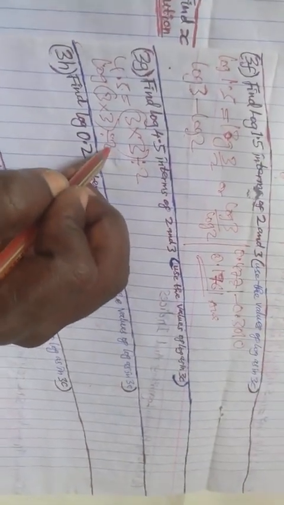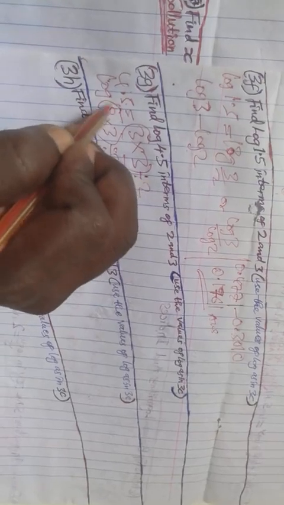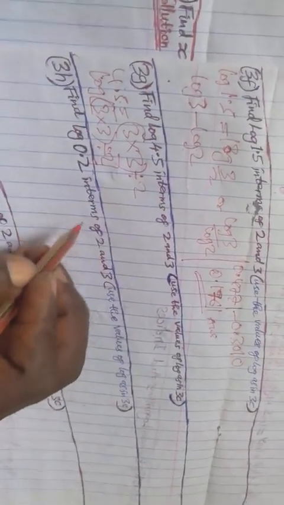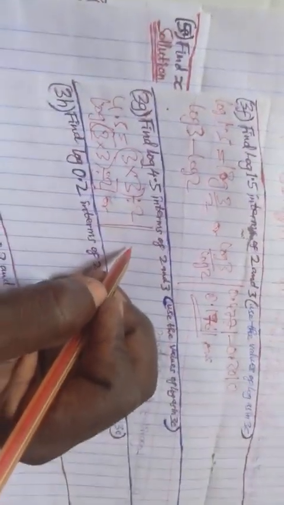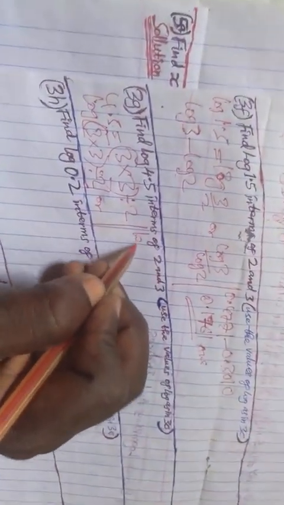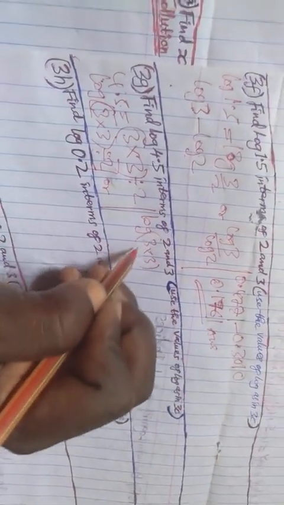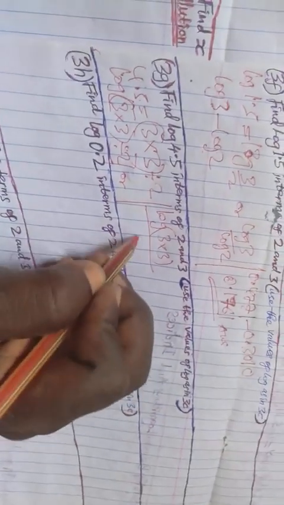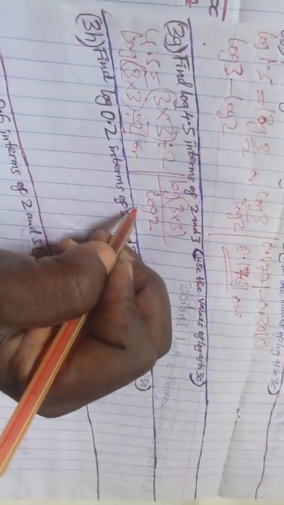So this one is in the log, or we can say log of 3 times 3 in brackets divided by log of 2.